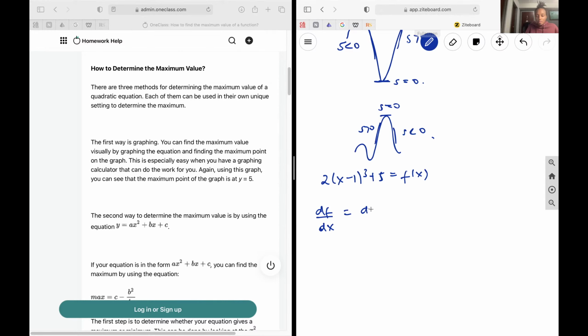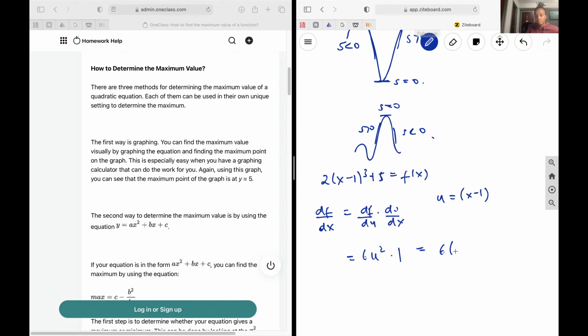Now I need to find df over dx, which will be df over du by du over dx, and I'll set u as equal to x minus 1. So df over du is going to be 3u squared multiplied by 2, so 6u squared, and then du over dx is 1.